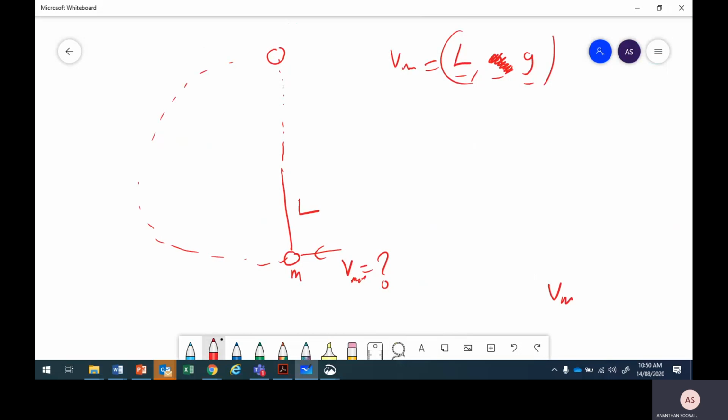Okay, I give you the answer. Prove that the V minimum is root of 5GL. Show me.